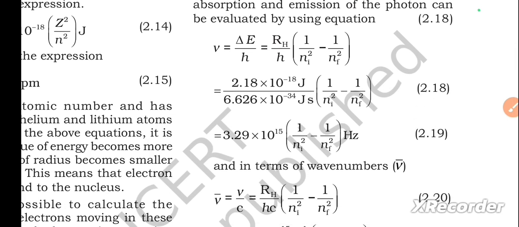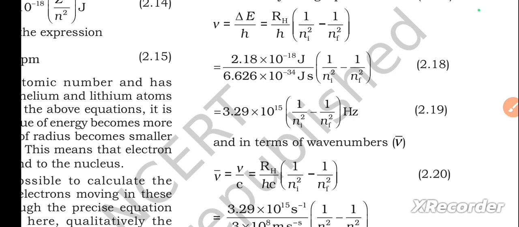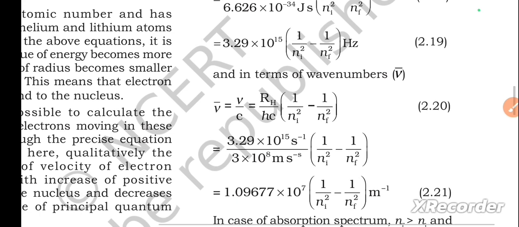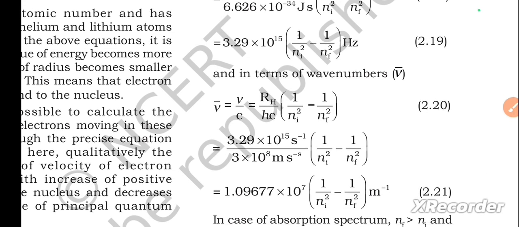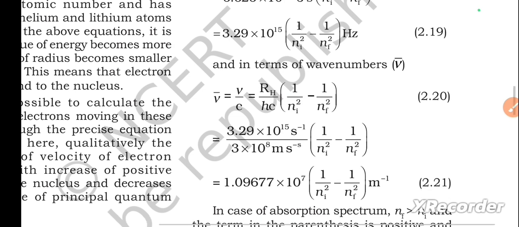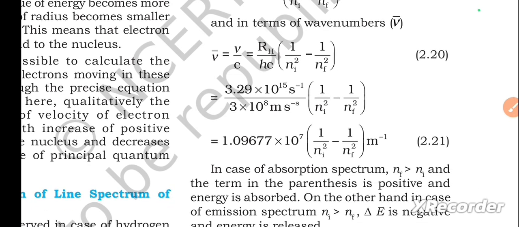So this overall comes to 3.29 × 10^15 (1/ni² − 1/nf²) hertz. And in terms of wave numbers, ν̄ = ν/c = RH/hc (1/ni² − 1/nf²). After the calculation, overall we get 1.09677 × 10^7 (1/ni² − 1/nf²) per meter.